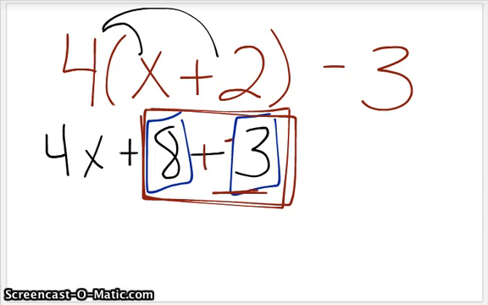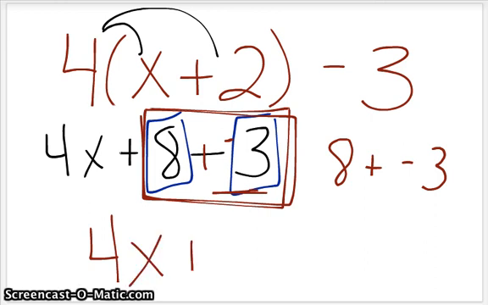So now when I'm combining my like terms, I'm not adding a positive 8 and 3. I'm adding 8 plus negative 3. And 8 plus negative 3 is 5. So this expression simplifies to 4x plus 5.